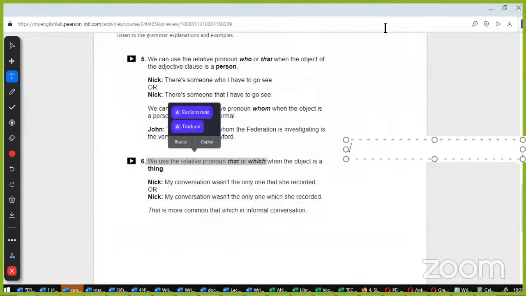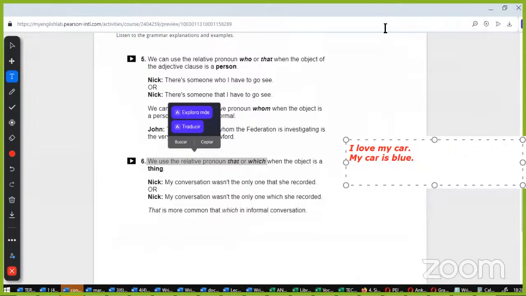My car is blue. I love my car. Can you please join these two? Yes, mister. I love my car, which is blue.